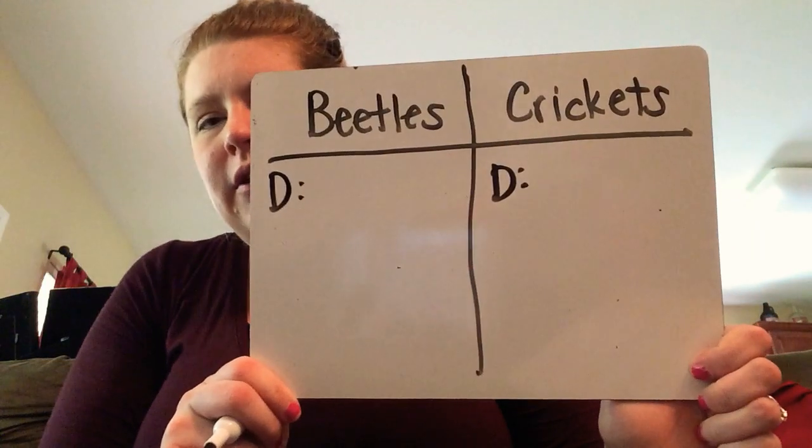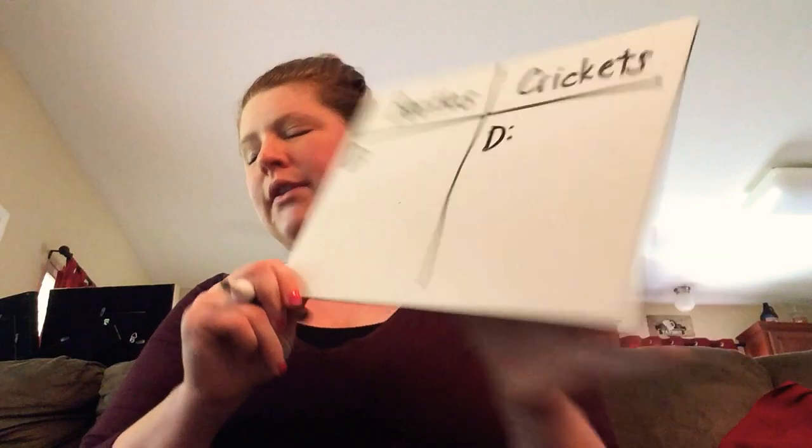Now, differences. So I'm going to put a D on both sides for differences, okay? And we're going to list the differences between the two. Crickets have 3 stages, and beetles have 4. So that's really important.